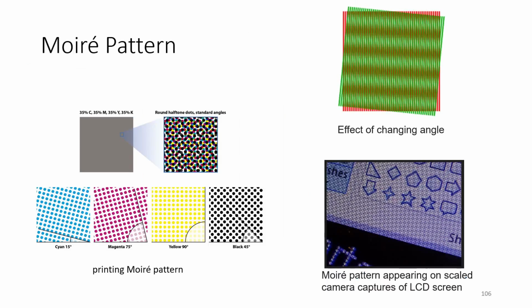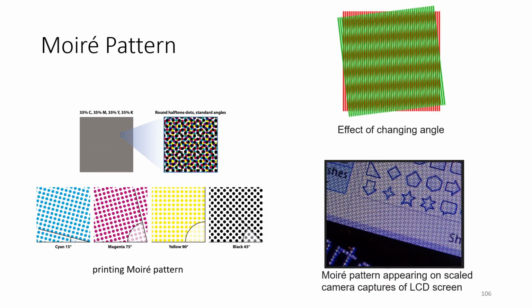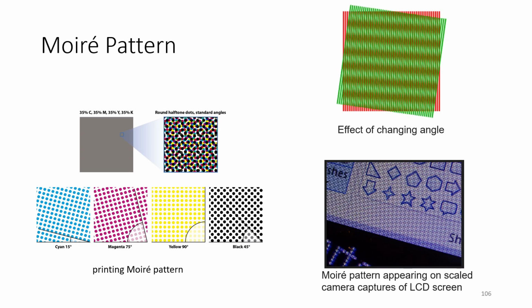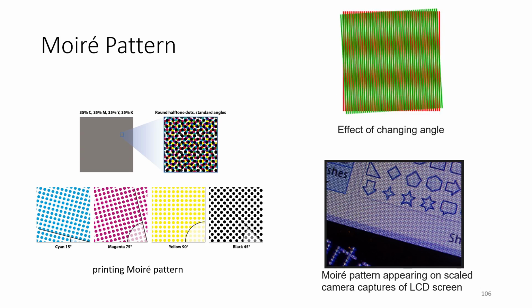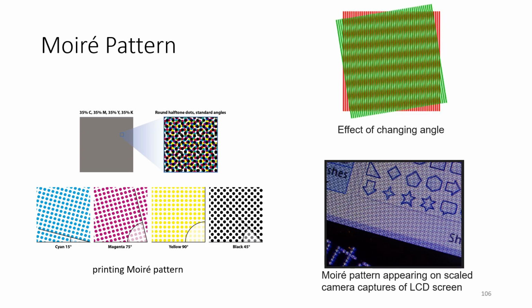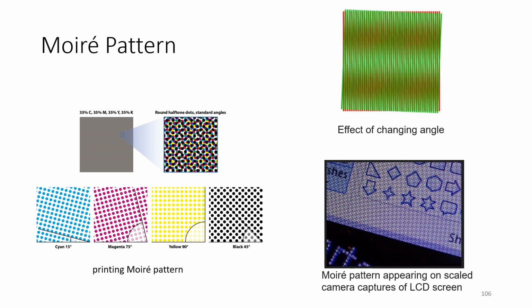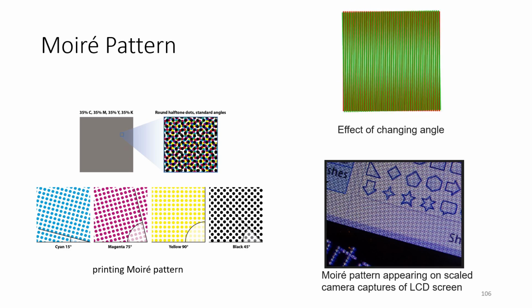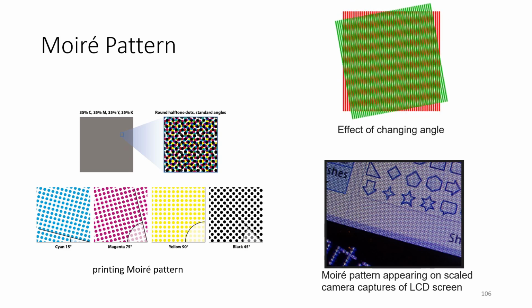This is called a Moiré pattern. When you print something out, for a paper book, you use different inks, right? Cyan, magenta, and yellow ink, or some of them use black ink.